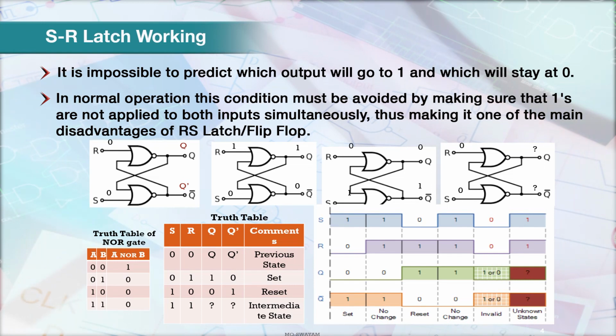In normal operation, this condition must be avoided by making sure that ones are not applied to both inputs simultaneously. Thus, this is one of the main disadvantages of the RS latch or RS flip flop.